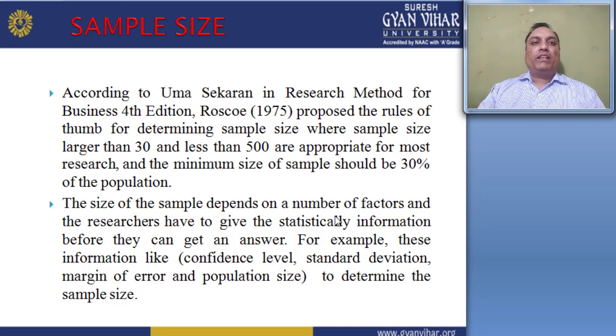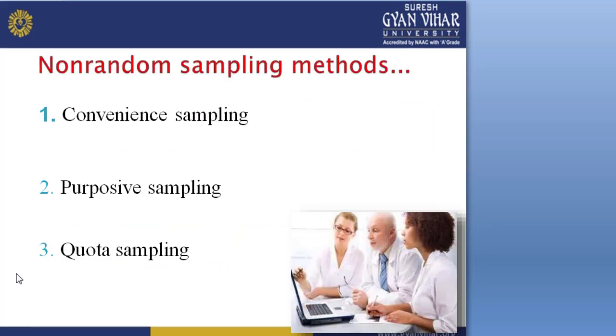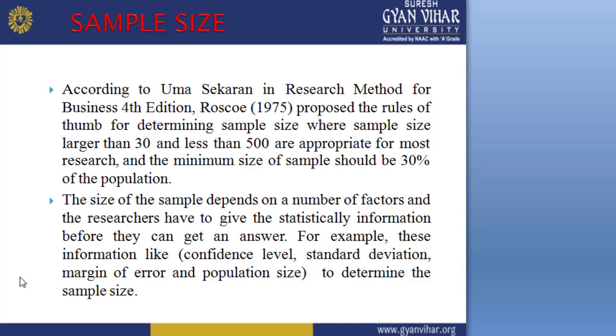The size of the sample depends on a number of factors, and the researchers have to give the statistical information before they can get an answer. For example, information like confidence level, standard deviation, margin of error, and population size is needed to determine the sample size. So this is a very good example for this sampling. And then move to the next stage here.